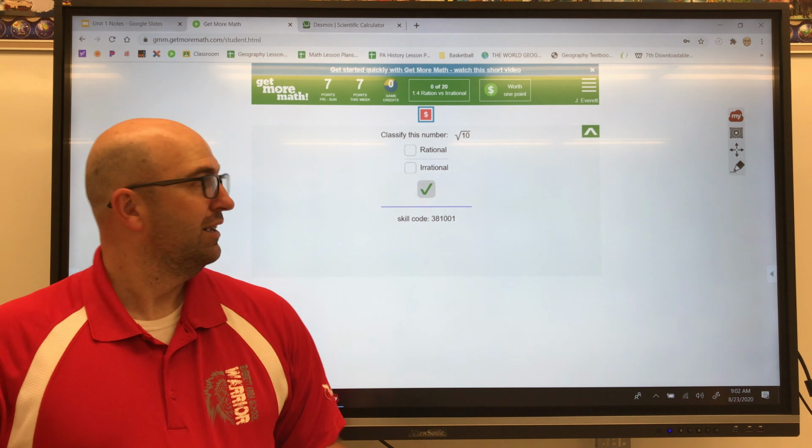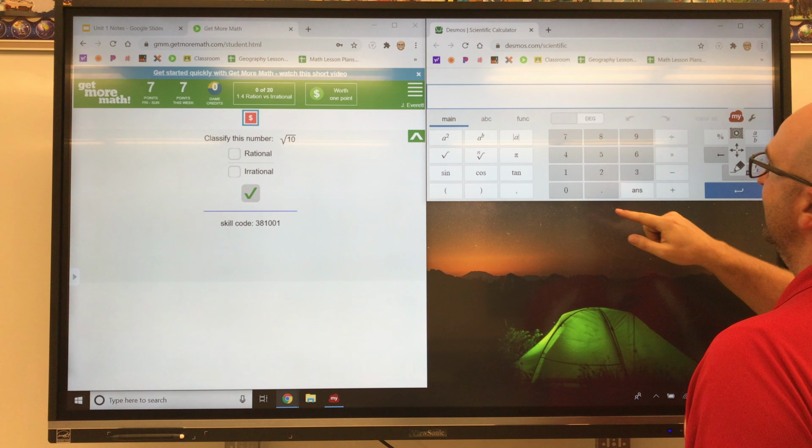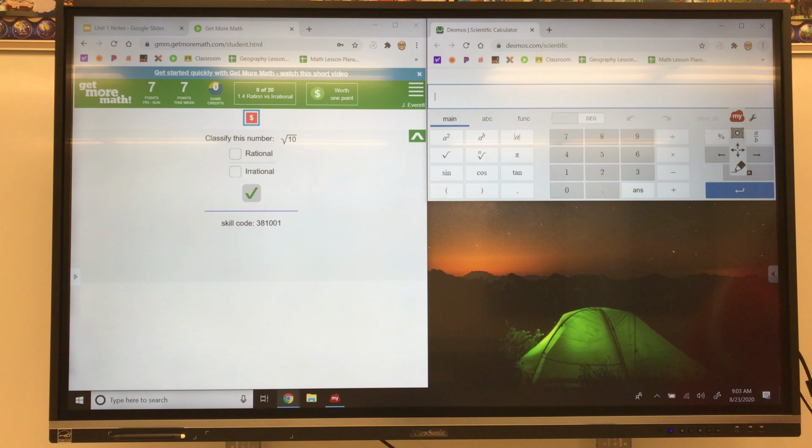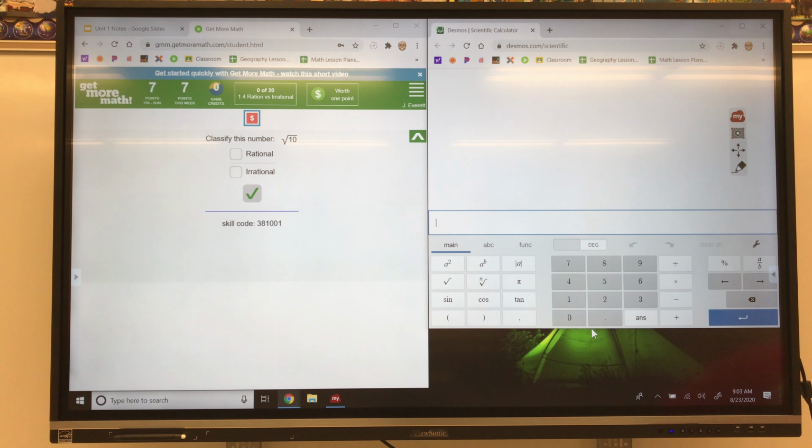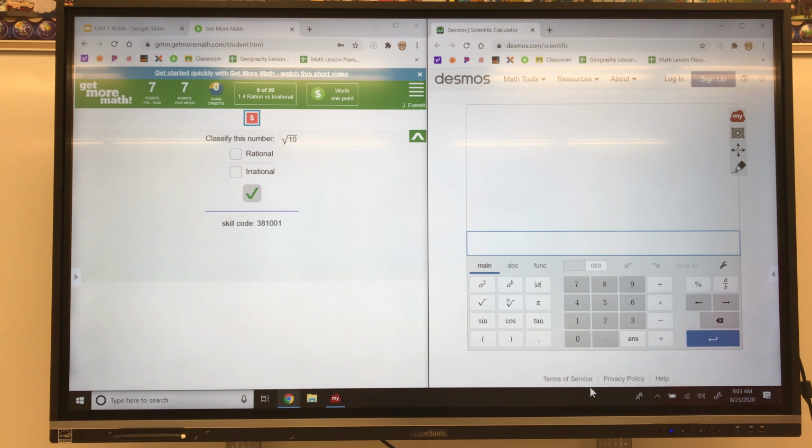So again, let's use our scientific calculator. We'll split the screen again so that we can see both. So the easiest way to check is we're going to put that into our Desmos calculator. So we have square root of 10.